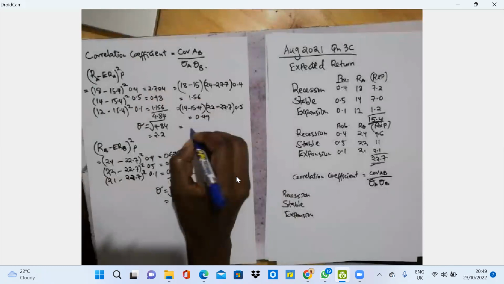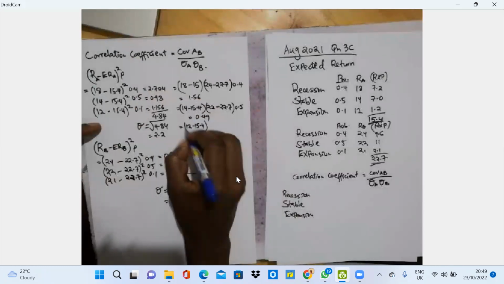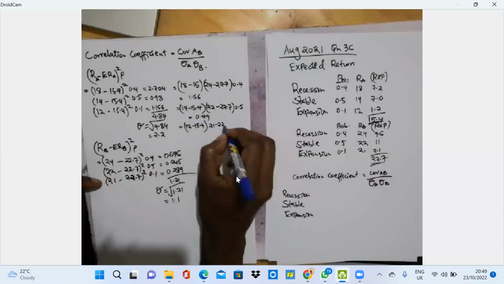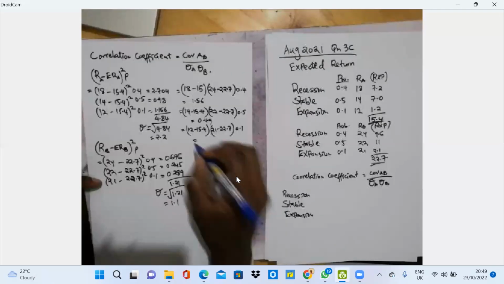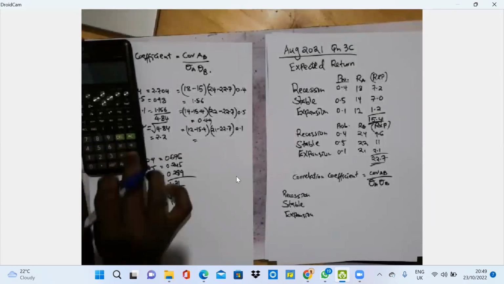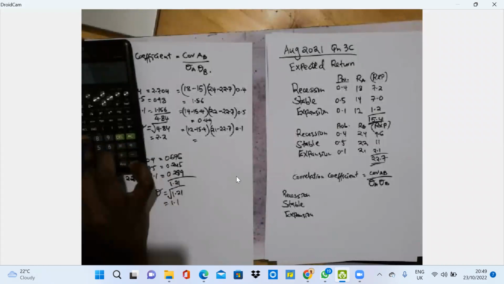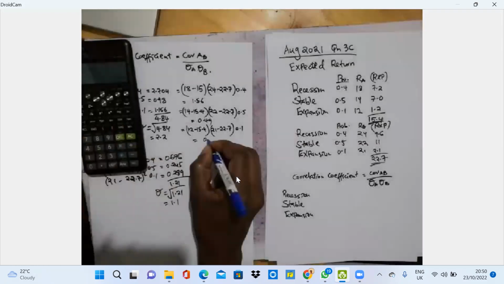And then the last one is 12 minus 15.4, then 21 minus 22.7, probability 0.1. 12 minus 15.4 times 21 minus 22.7 times 0.1, that is 0.578.